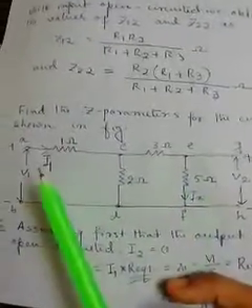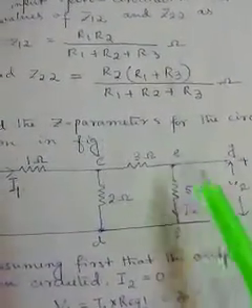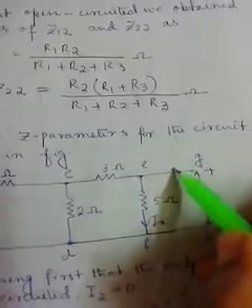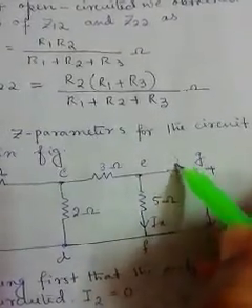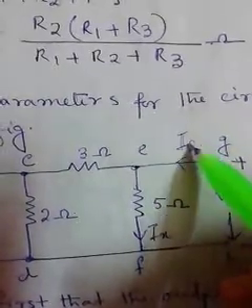So again we come here to the figure. Say for example we are now assuming that this side is open and I1 becomes 0, and from this side the current will now start to flow. If we denote some current I2 here, how is this I2 flowing through the other part of the circuit?